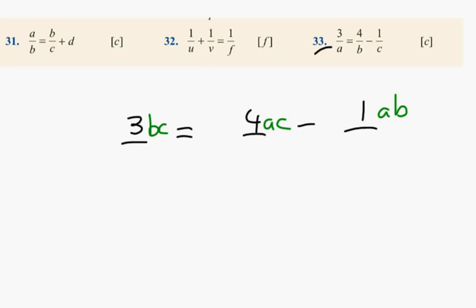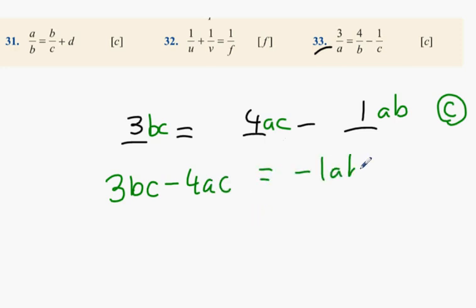Now, what we're going to do next, guys, is we have to get C on its own. How many C's do you see? 3BC minus 4AC equals minus 1AB. What did Krill say to do last time, lads?